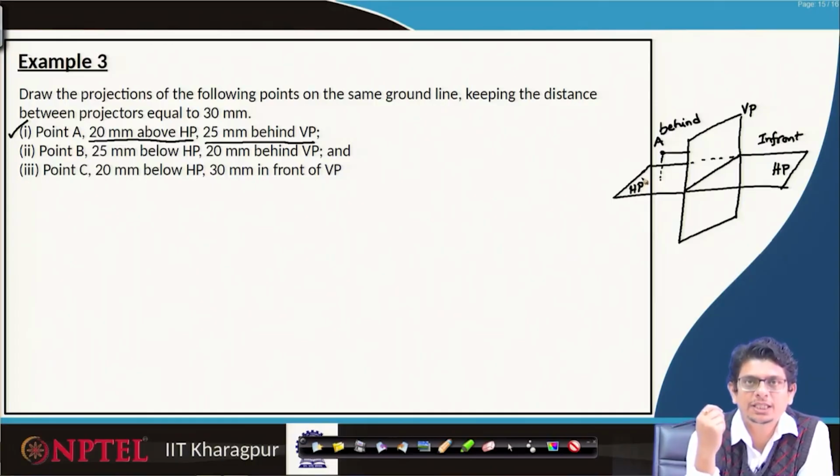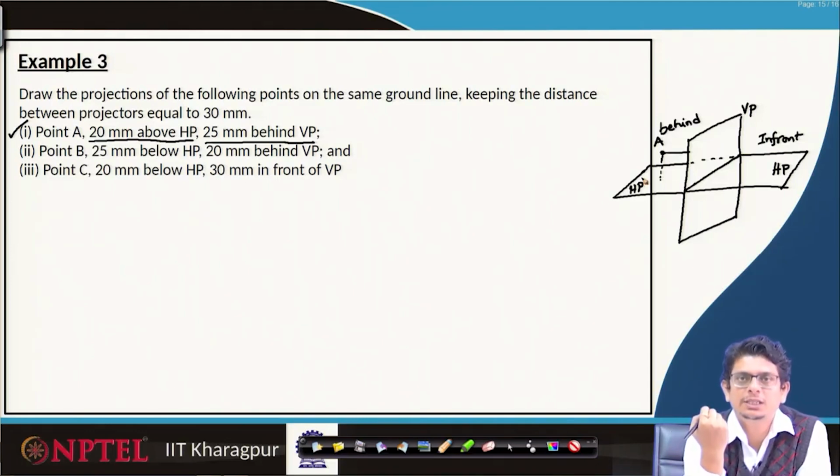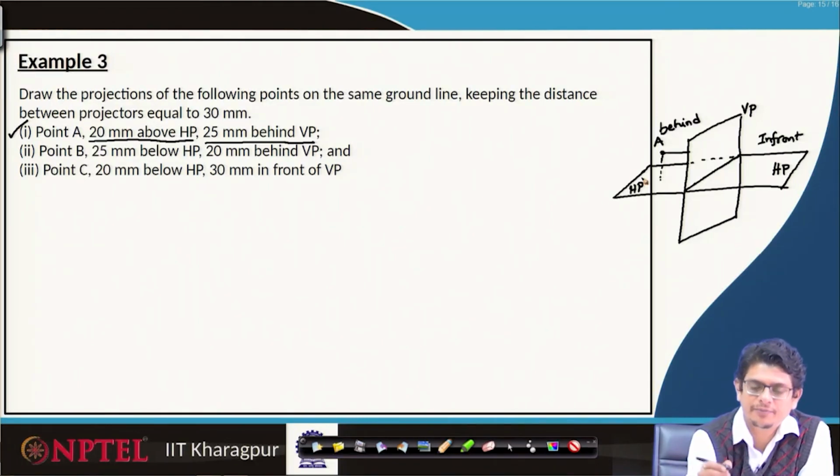What we have to do is get the front view and top view of this point using the first angle projection technique. For that, always project this point A straight onto the vertical plane. Note down that point as A prime. Then project this point A onto the horizontal plane, then rotate it by 90 degrees.